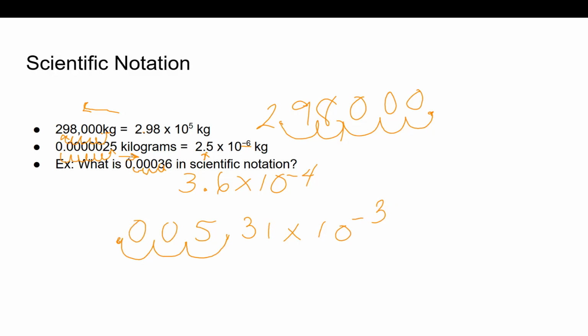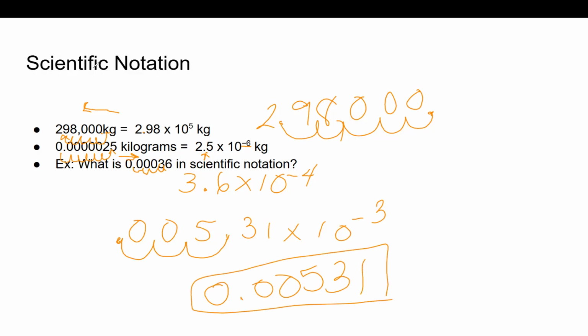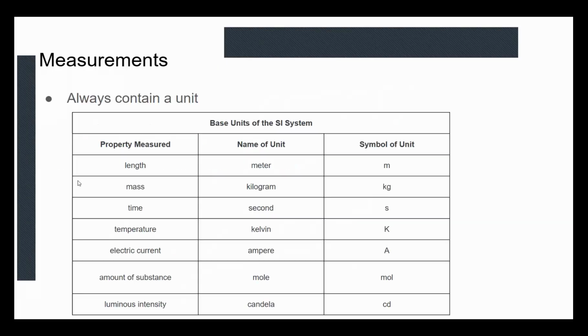Fill in those extra spaces with zeros. So then it becomes 0.00531. If you need extra help, please let me know so that we can get you some more practice and understanding.